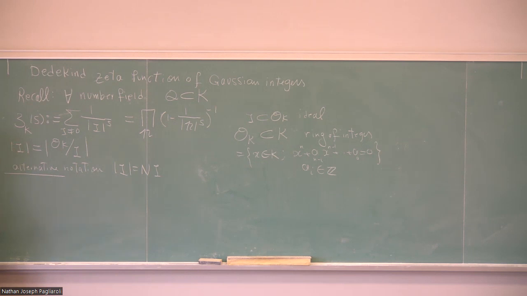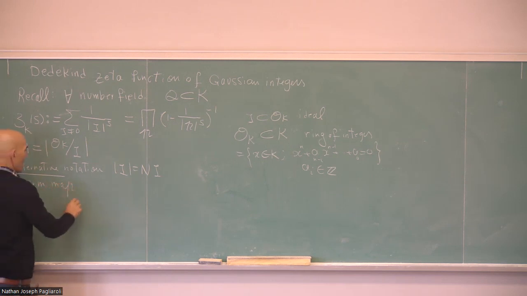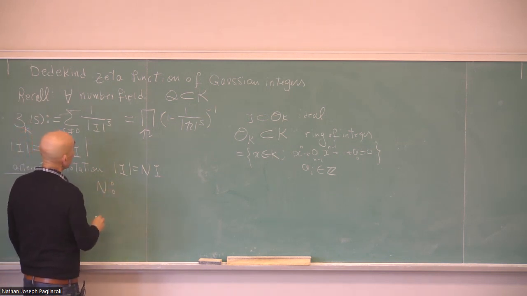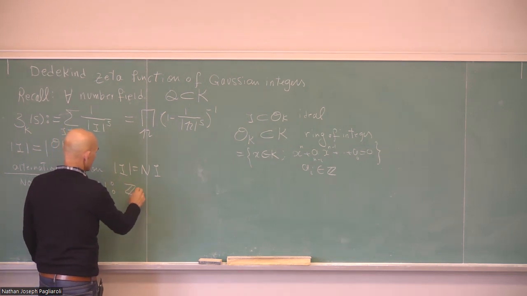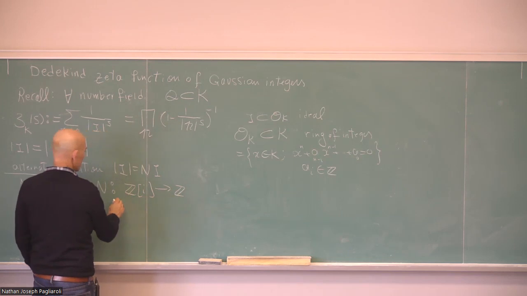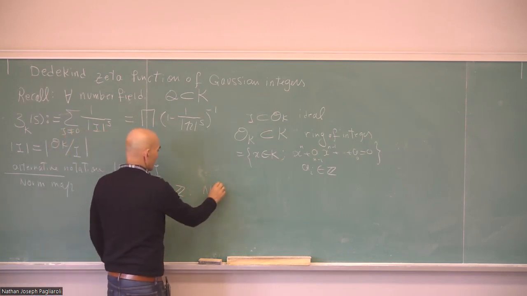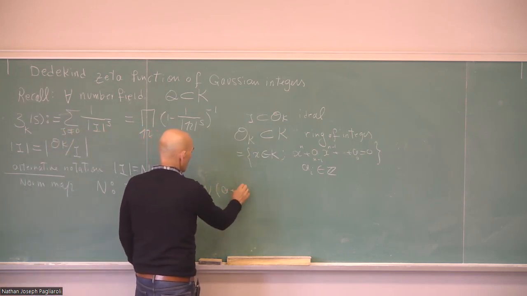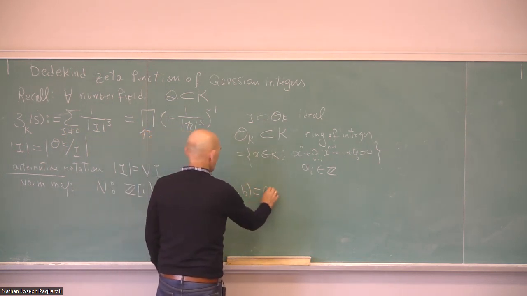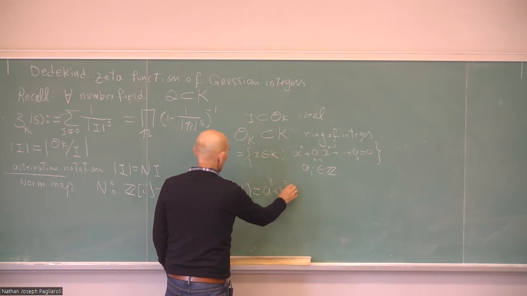Okay. So today we are going to discuss, first of all, this norm map N defined from Z[i] to Z, and I define N(a + ib) equal to a squared plus b squared.